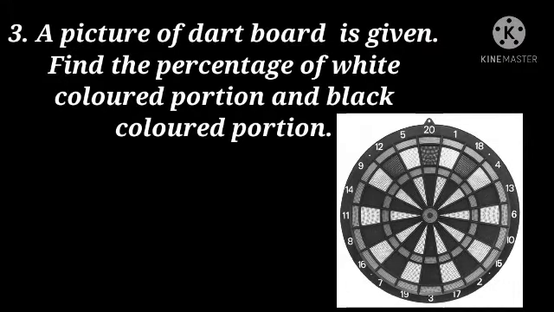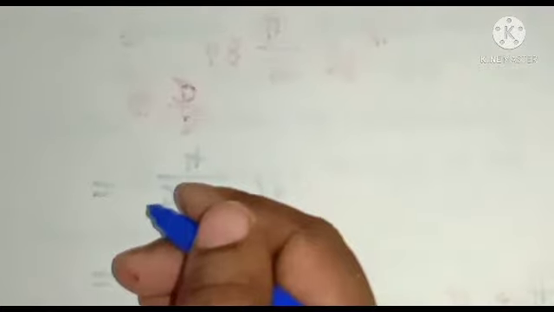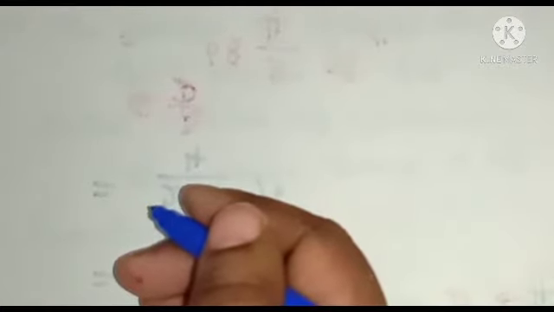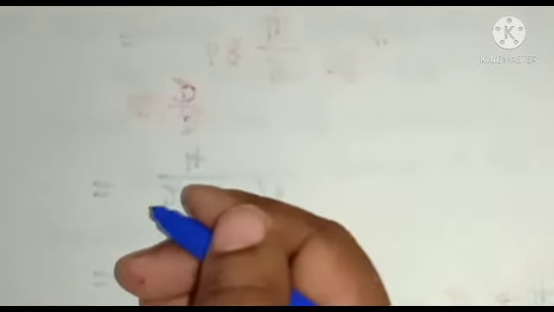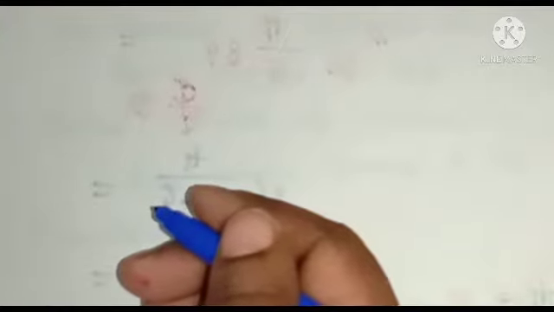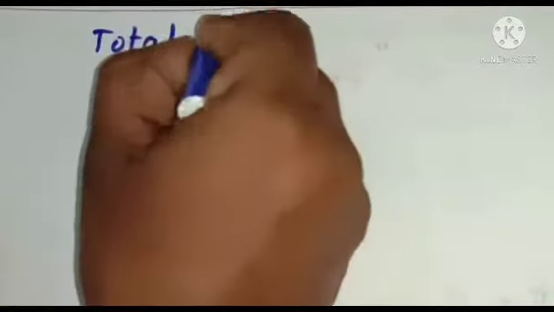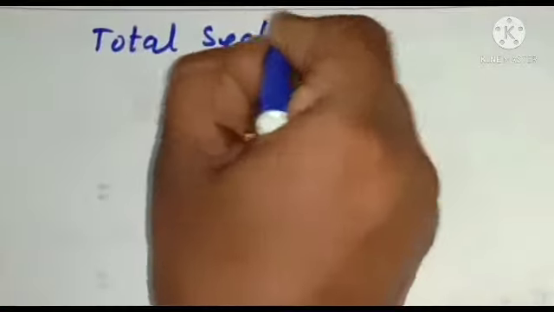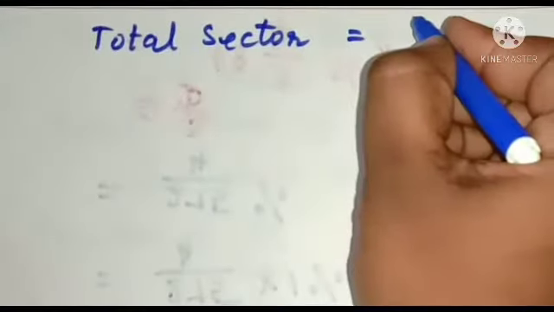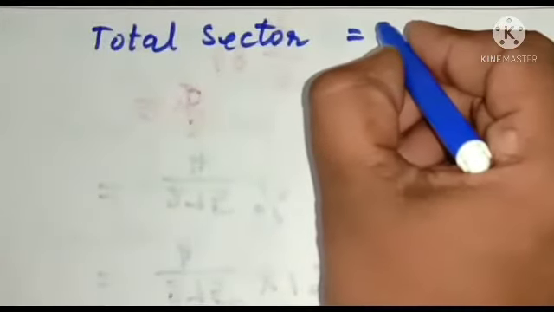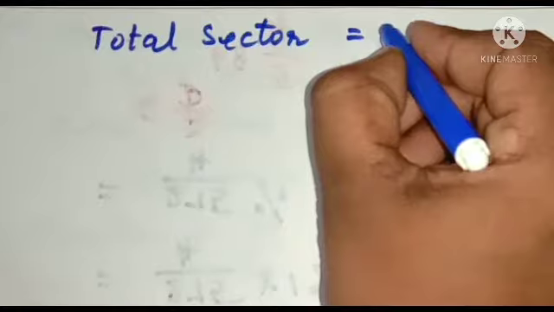Third problem. A picture of a dartboard is given. Find the percentage of white colored portion and black colored portion. Children, third sum. So children, here let us find the total sectors. In the circle, each part is known as a sector.